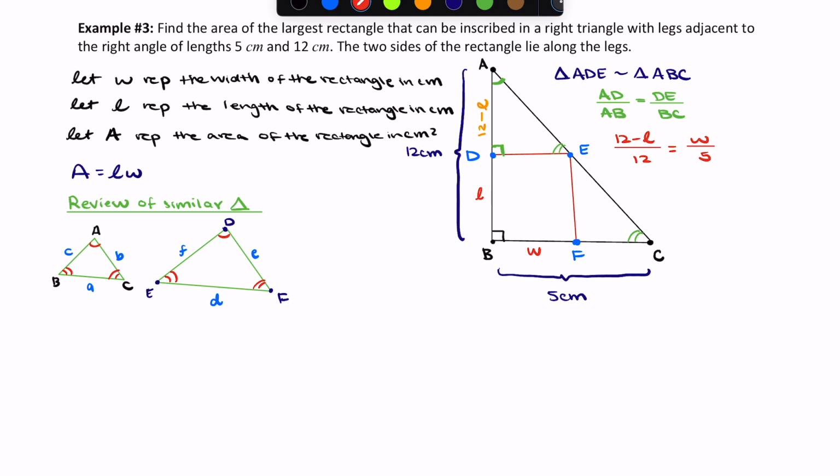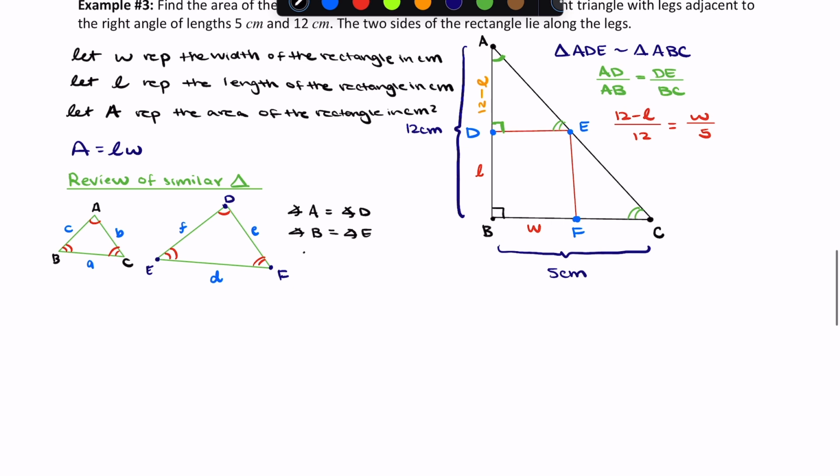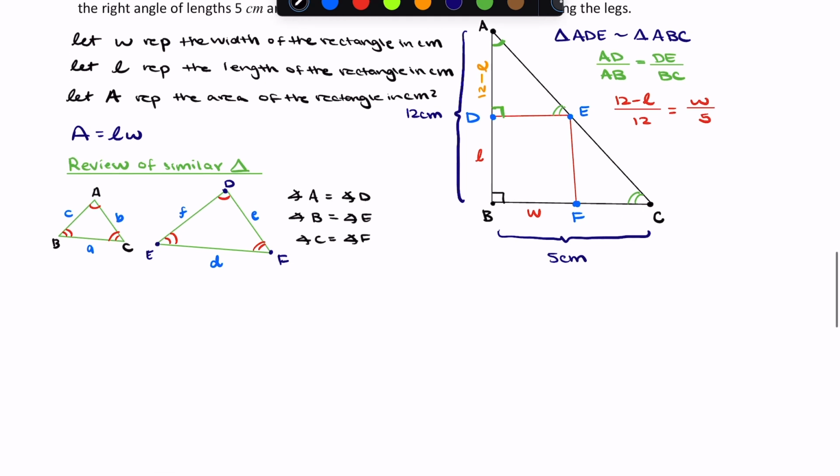Again, here, what we see is that angle A is equal to angle D, angle B is equal to angle E, angle C is equal to angle F, and here in terms of the side lengths, we know that a over d is equal to b over e, which is equal to c over f.